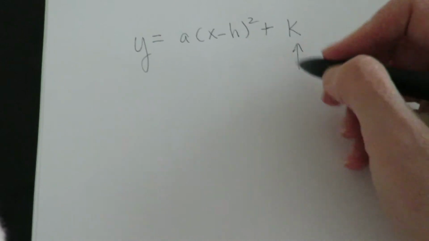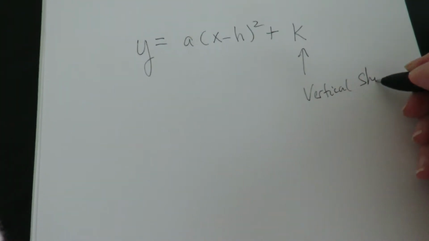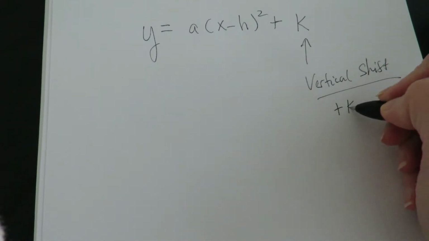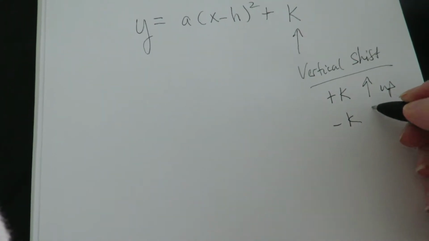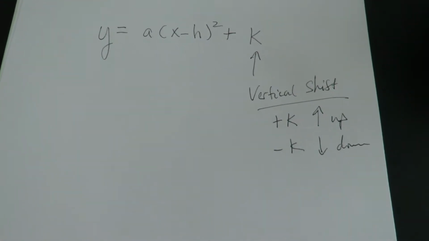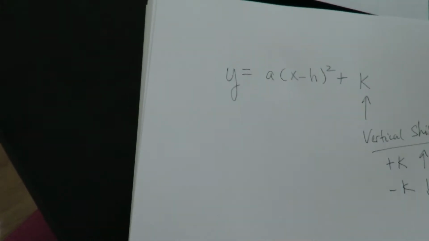The k on the end is what we call the vertical shift or vertical translation. If it's a positive k, the parabola goes up. If it's a negative k, the parabola goes down.